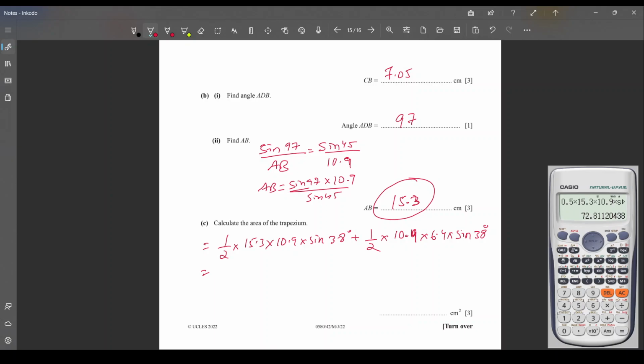So we added both the areas. This is the area of the first triangle, this is the area of the second triangle, so we got 72.8. So this is our final answer.